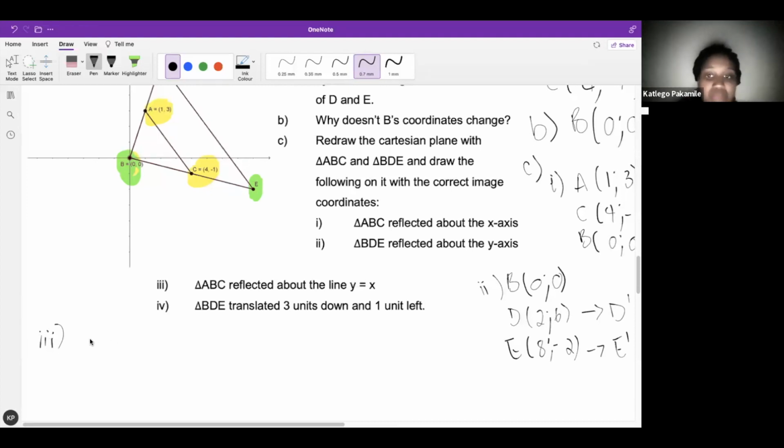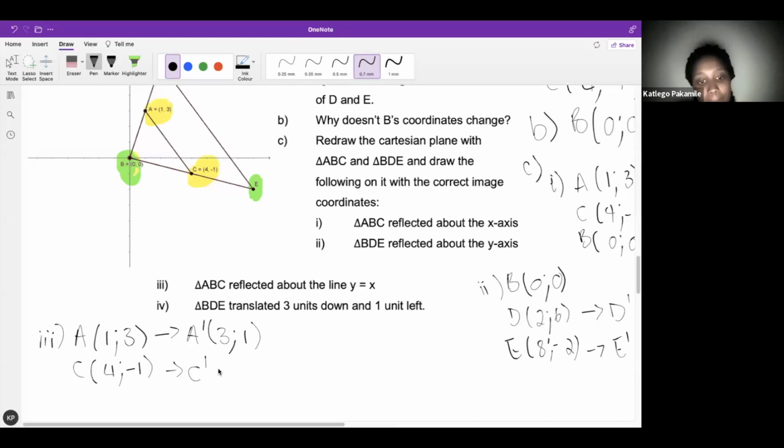They swap, and we're talking about triangle A, B, and C. So A was 1, 3. So what's my new A prime? 3, 1. Thank you. B doesn't change. C, 4, -1 becomes what's C prime? Nice, -1, 4. And then B doesn't change.